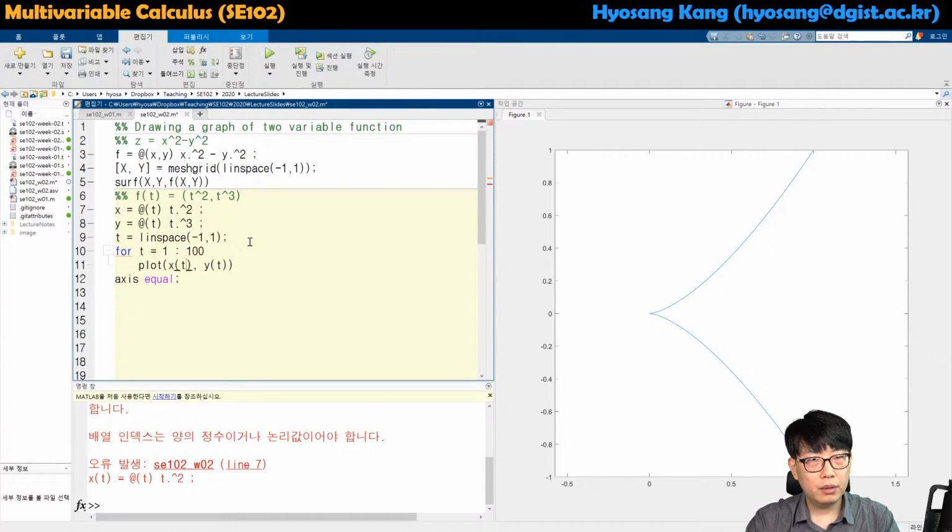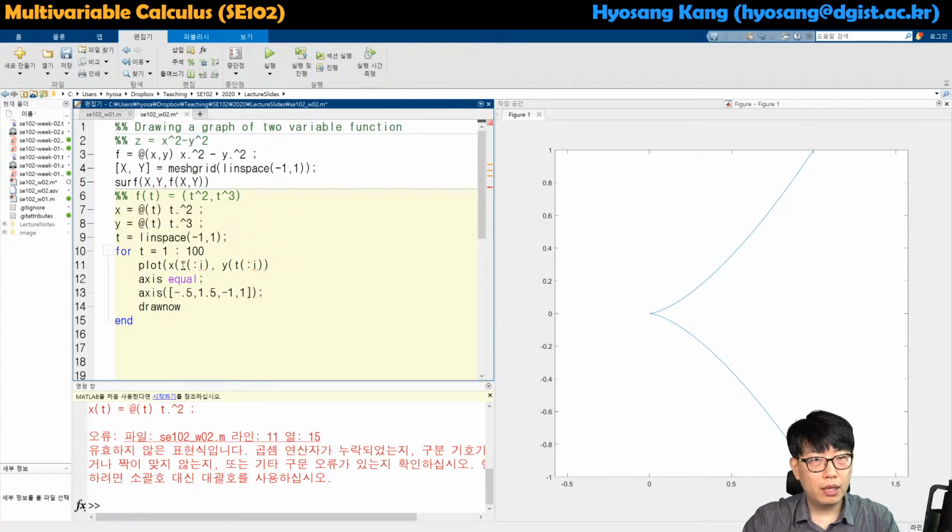You're plotting a point from 1 to I, and draw now, let's see, axis from -0.5 to 1.5, -1 to 1, and axis equal. So this is the basic way to make an animation in MATLAB.